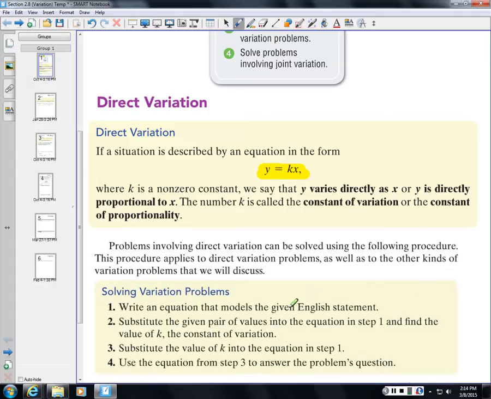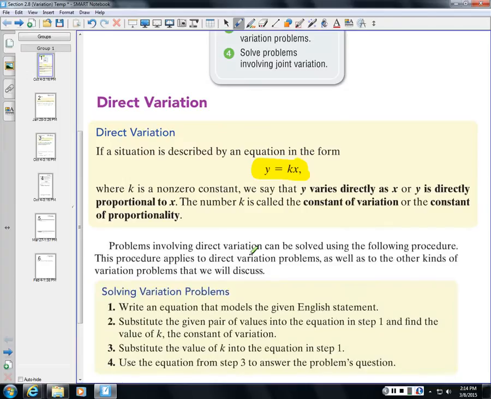So if you see those keywords, we're going to be using this equation, or if you want to look at it as a formula, y equals k times x. K is the constant, and that is y varies directly as x. So we multiply. What it means to vary directly is if they have a direct relationship, if one goes up, the other one goes up, or vice versa.